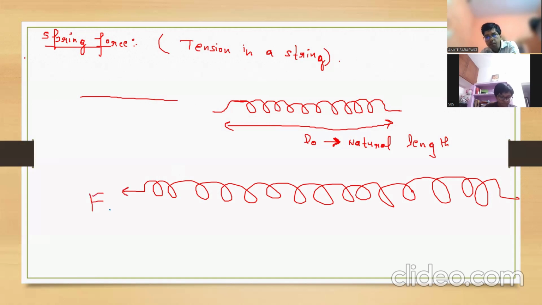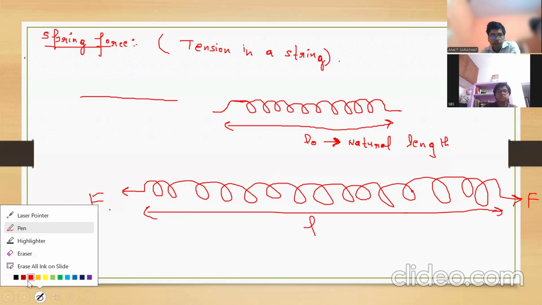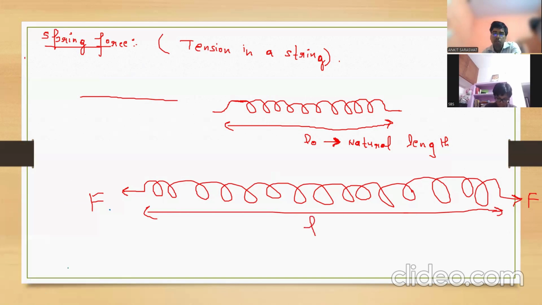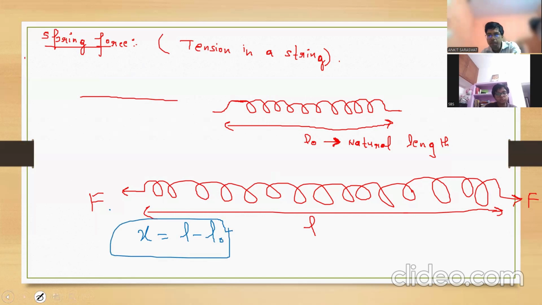Then the length of the spring becomes L. If I ask how much extension occurs in the spring, the extension will be L minus L naught: the final length after force is applied minus the initial natural length. So X is the extension in the spring.